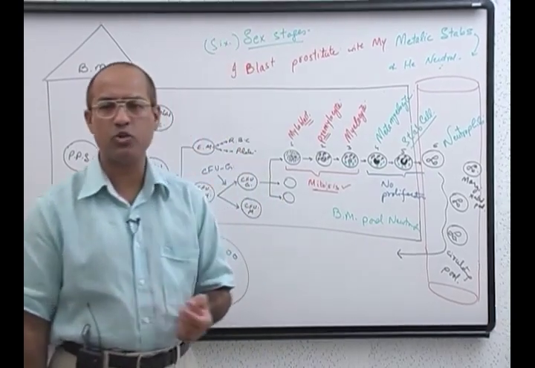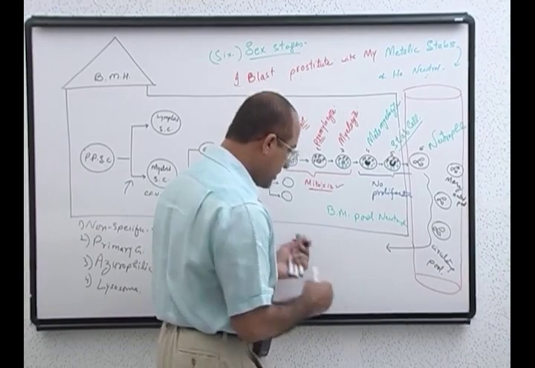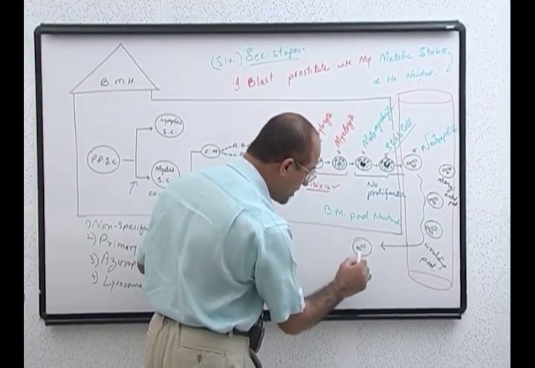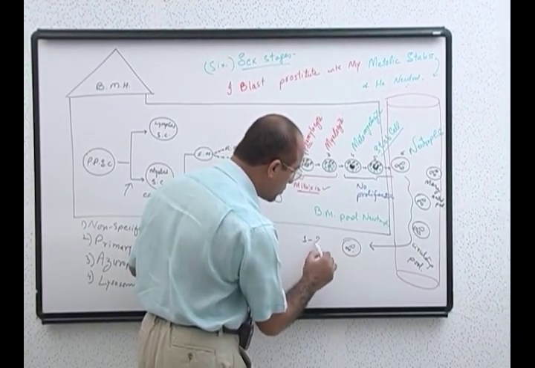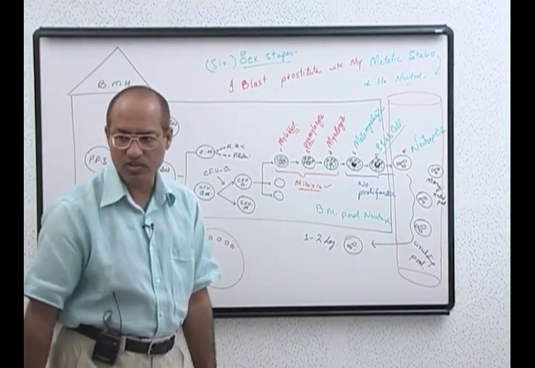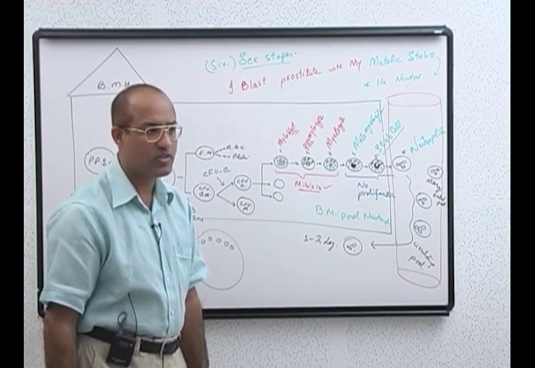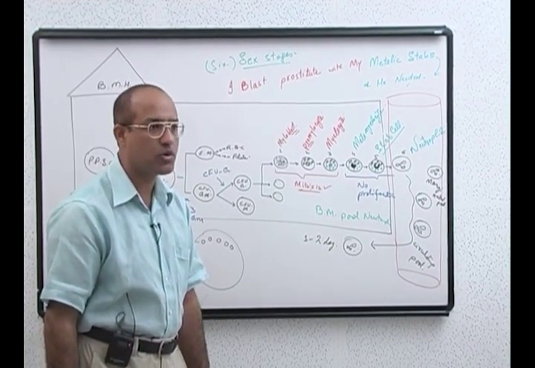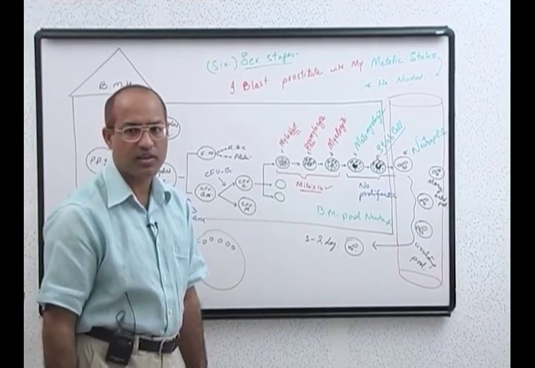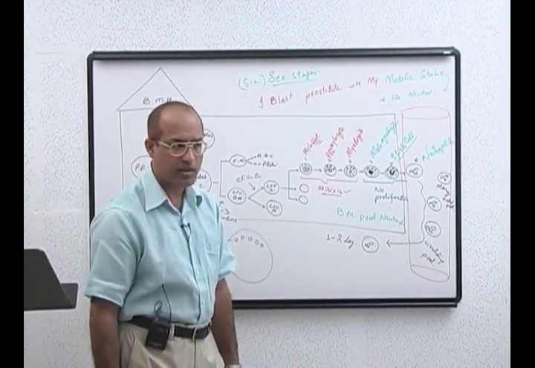Secondly, a neutrophil remains in circulation for a few hours. Some people believe 8 to 12 hours. And after that, they go into tissues. When neutrophils come into tissues, they survive there only for 1 to 2 days. And eventually, they undergo apoptosis. Apoptosis is programmed cell death. Is that right? And when neutrophils go through apoptosis, the breakdown products are phagocytosed by macrophages.